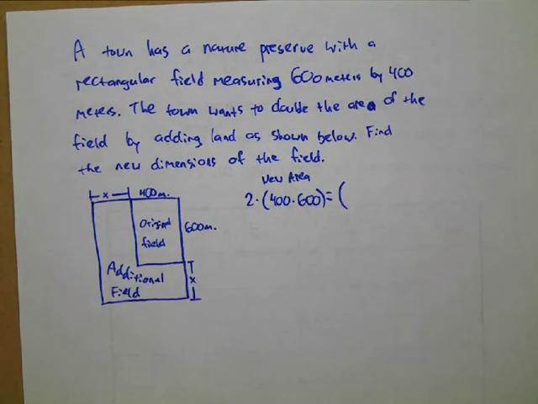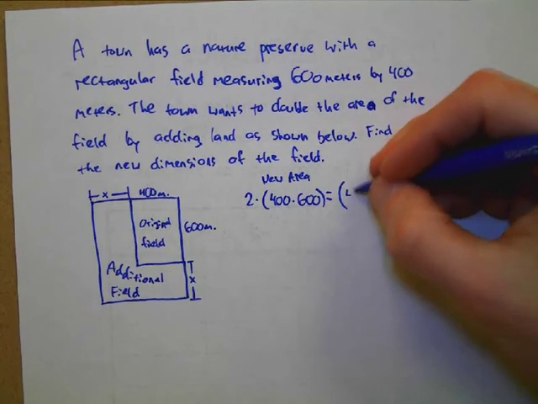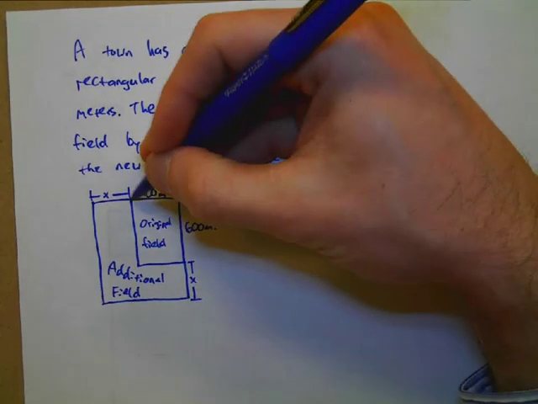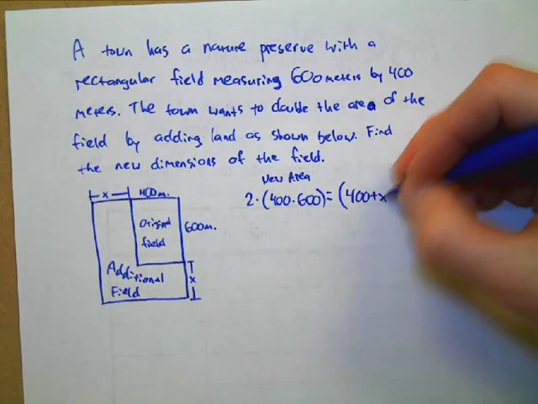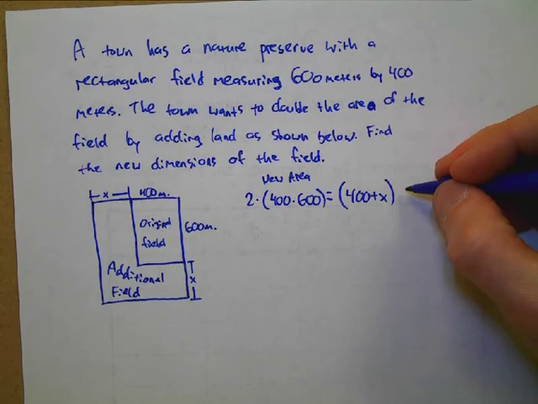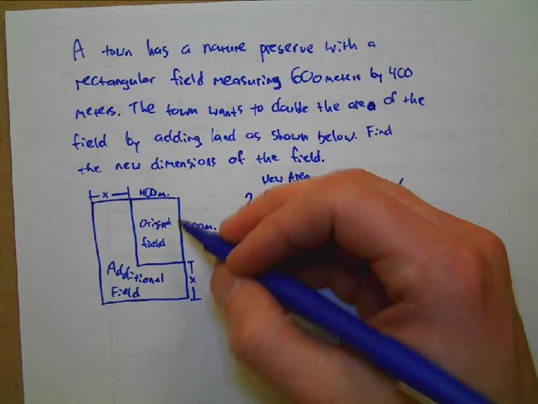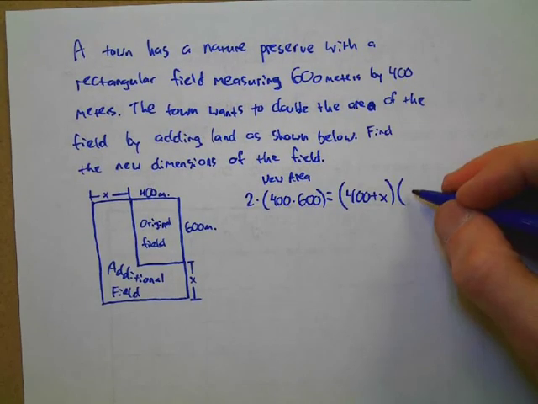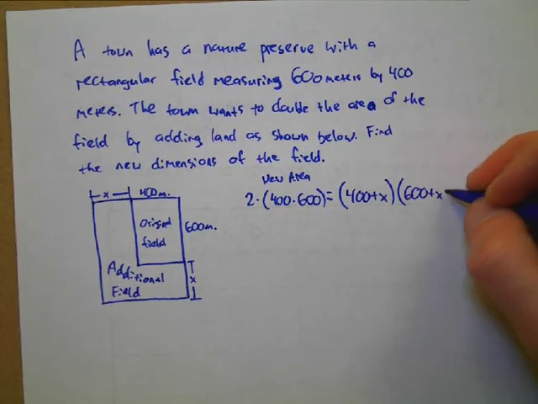What can we write as an expression, something with a variable in it? 400 plus x, the extra x that's going out. And what will be the length of that field? Instead of 600, it'll be 600 plus x. Exactly right.